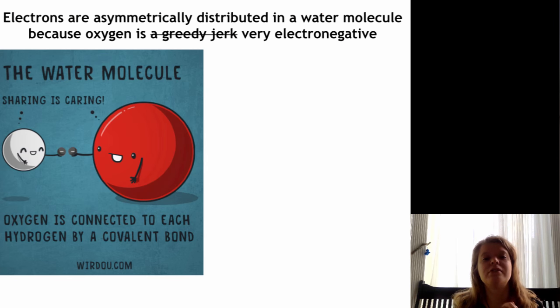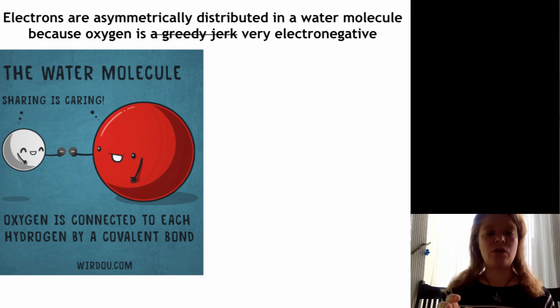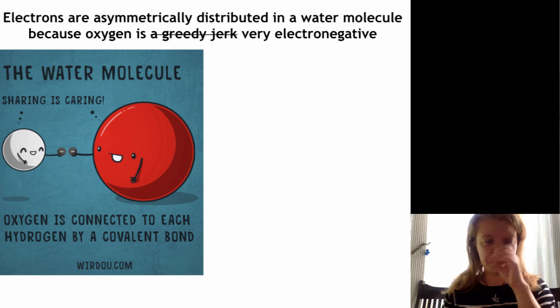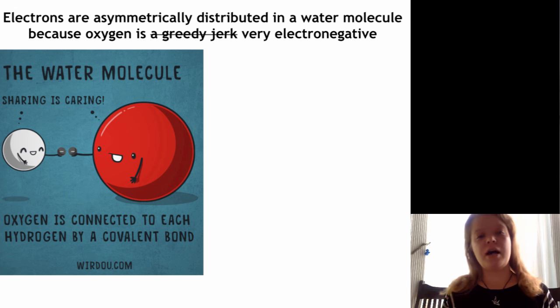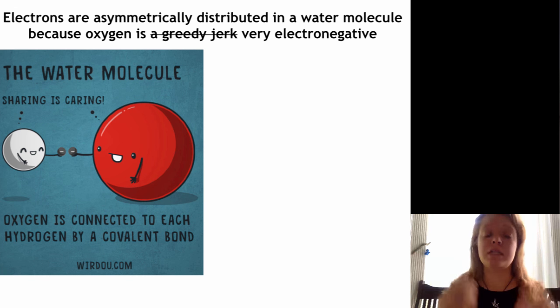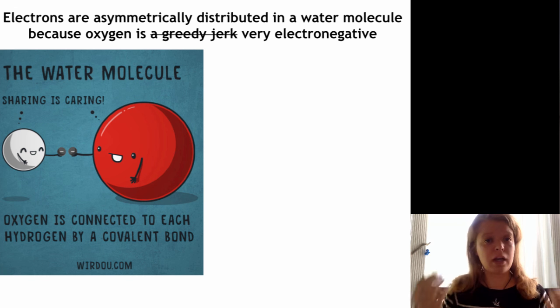This is demonstrated by this cartoon. The electrons inside water are asymmetrically distributed, making the water molecule a dipole, because oxygen is very electronegative. In this blue picture, you can see that both hydrogen and oxygen are forming a covalent bond, and because sharing is caring, they share electrons.